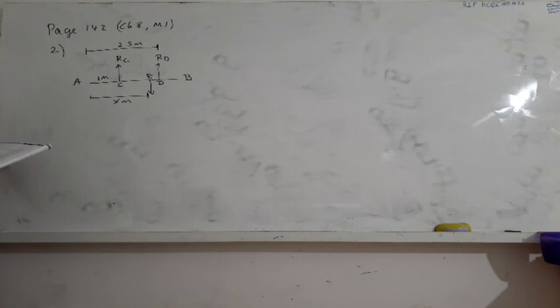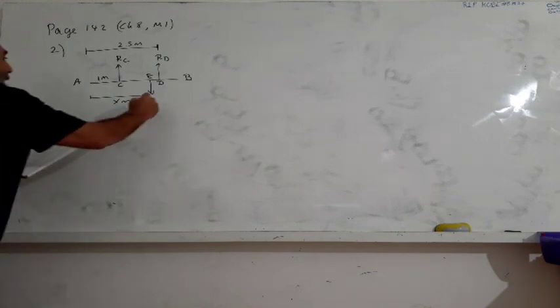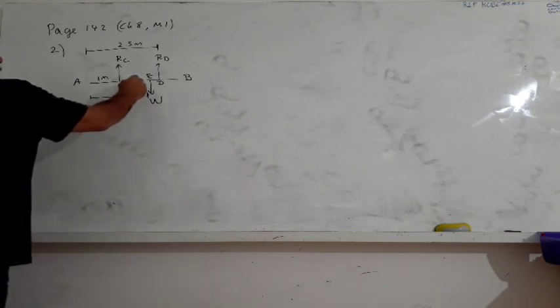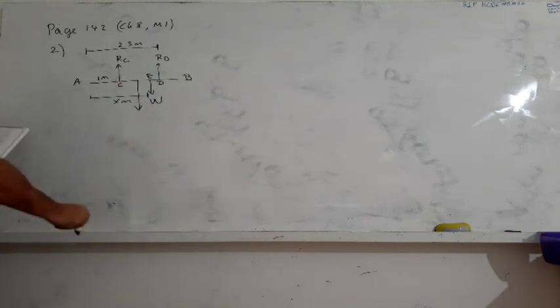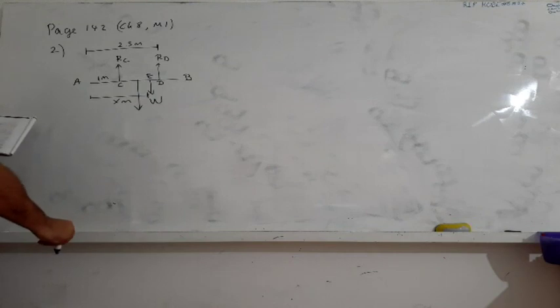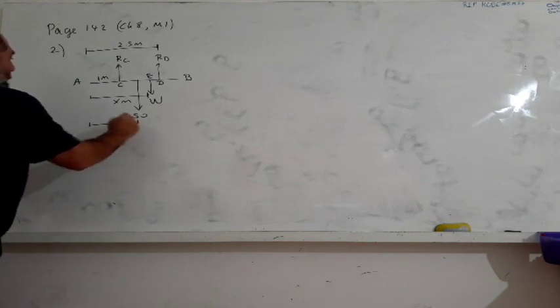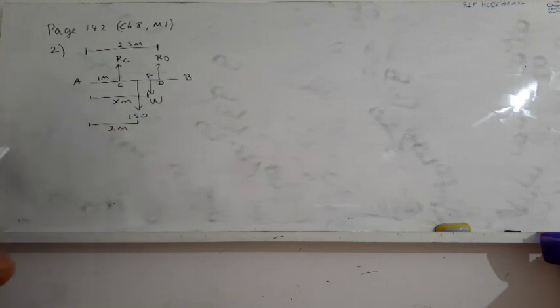The rod is a uniform rod, so we know that the weight of the rod is 150 newtons and it acts at the midpoint. So it is 2 meters from point A, because this is a uniform rod, uniform plank, uniform beam, which means the center of mass is at the midpoint.